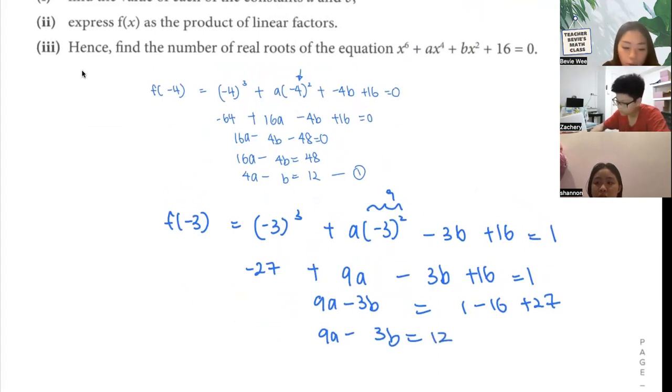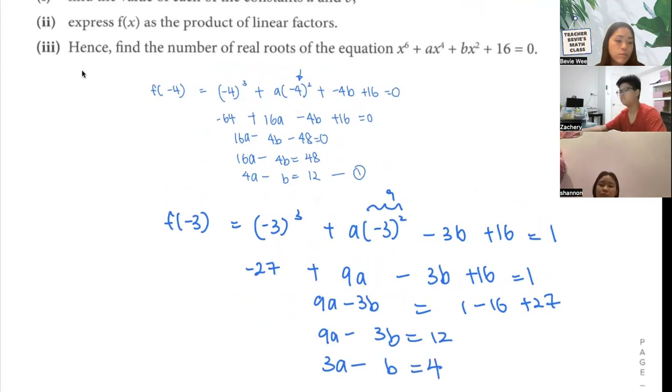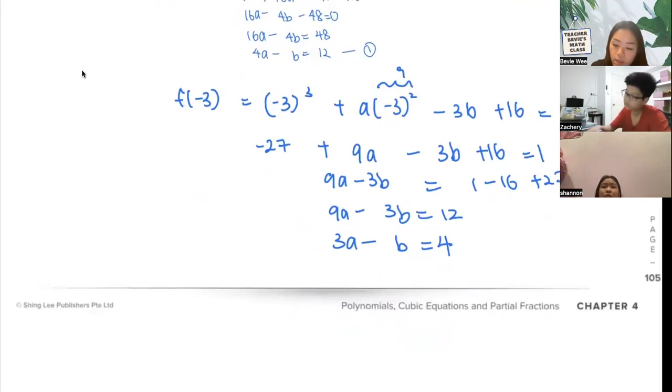Then I divide by 3 throughout. I get 3a minus b equals 4. This is my equation 2.